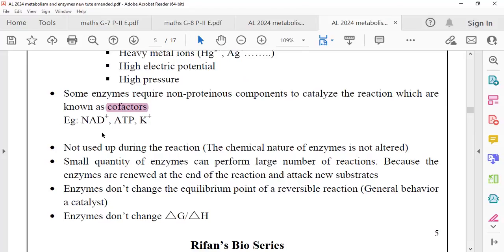Understood? They want to do the catalytic action. To do that catalytic action, they need the support of another molecule. And that other molecule is called by the name cofactor. The cofactors are not proteins. Understood?